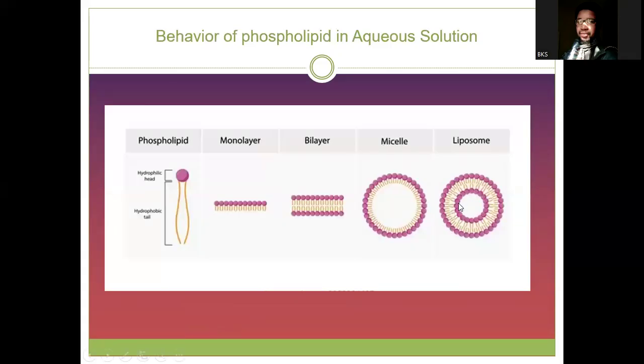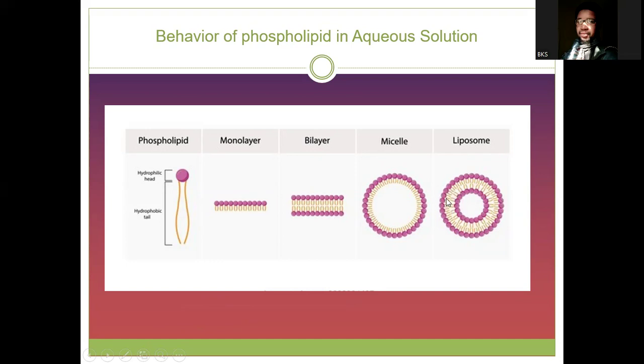In most cases, you have phosphatidylserine. This phosphatidylserine and phosphatidylethanolamine are mostly found here, but not commonly seen in the outer monolayer, but in the inner monolayer.